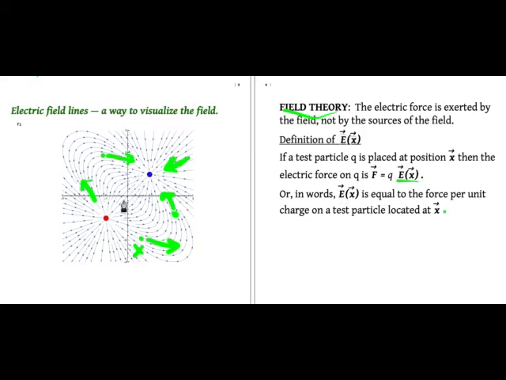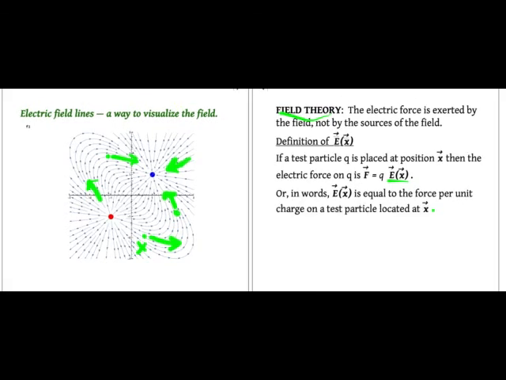It exists because of these two sources, or in a more complicated system, whatever sources are present. Well, that tells us the definition of the electric field, and in particular, the unit of the electric field.